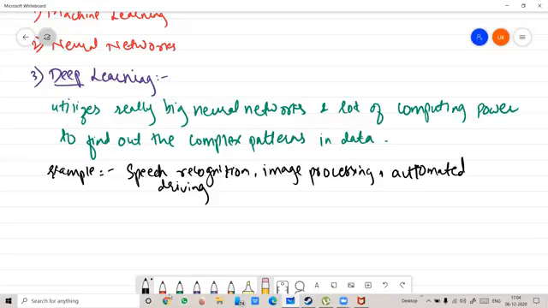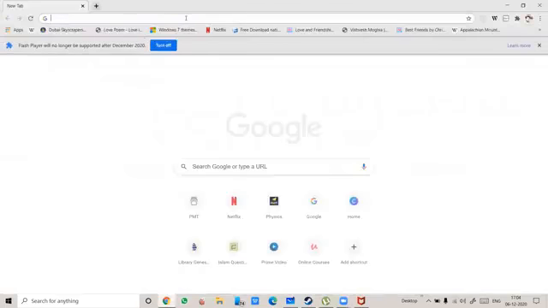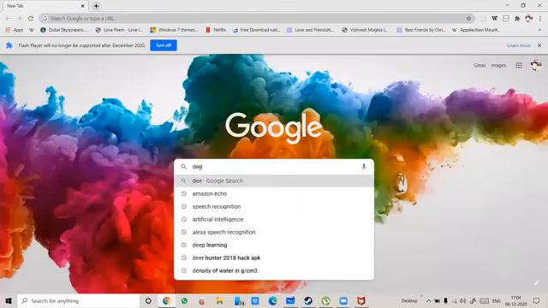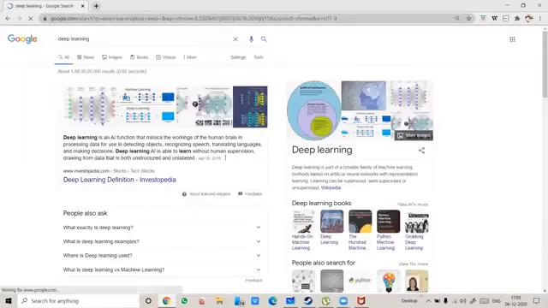So here we have to see what is deep learning. We'll just see deep learning in AI.